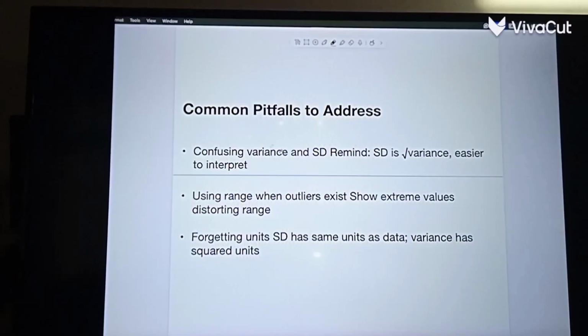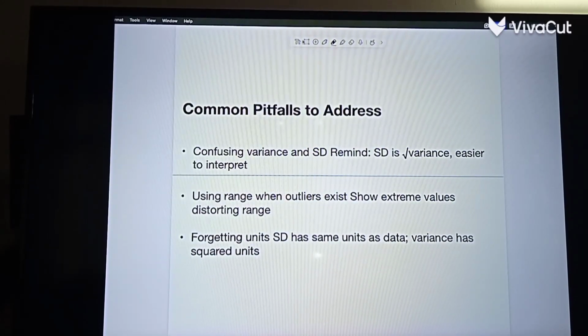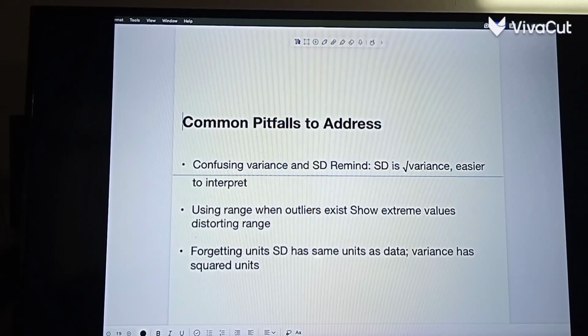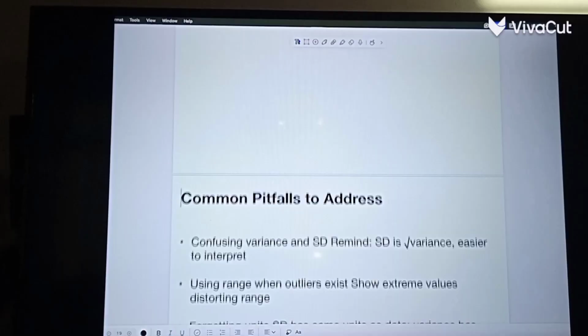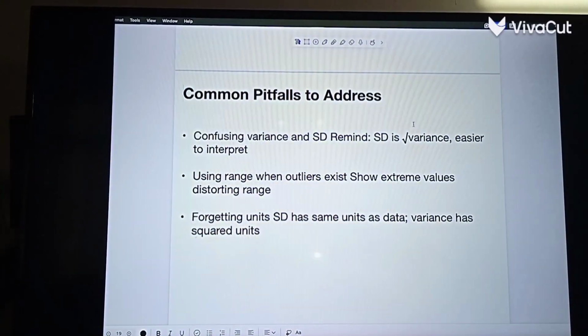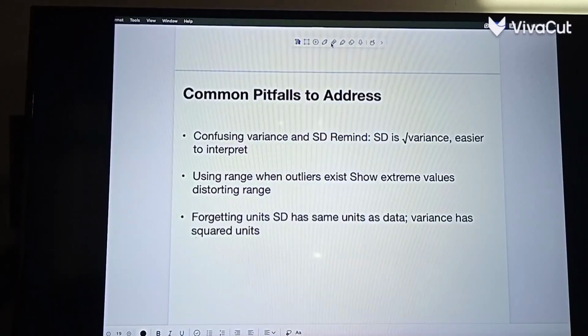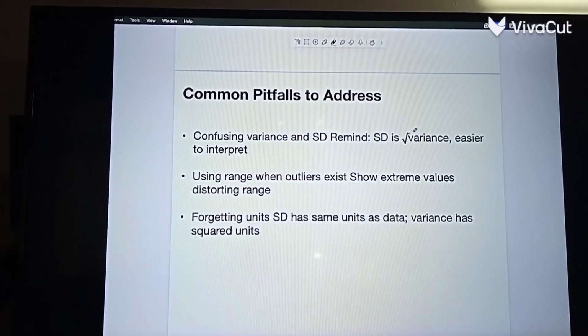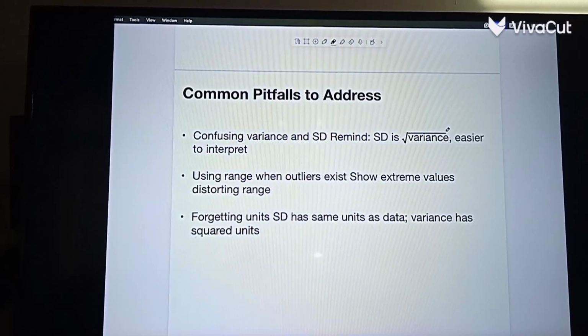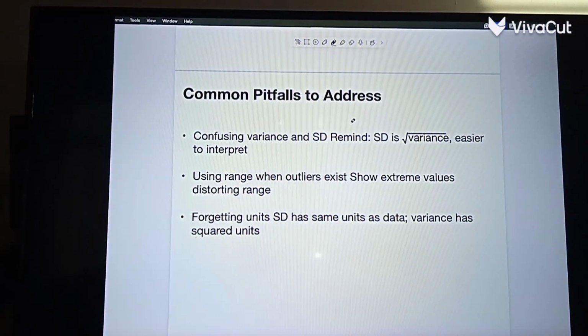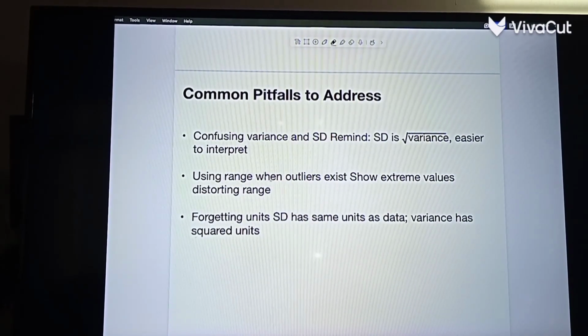Now let's address the common pitfalls. Okay, so don't confuse variance and standard deviation. Standard deviation is the positive square root of the variance. When you take the square root of the variance, you are getting standard deviation. And standard deviation is easy to interpret.